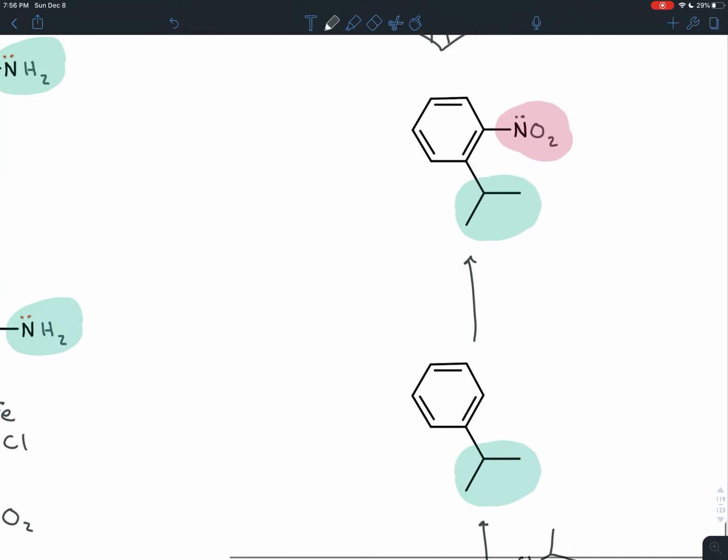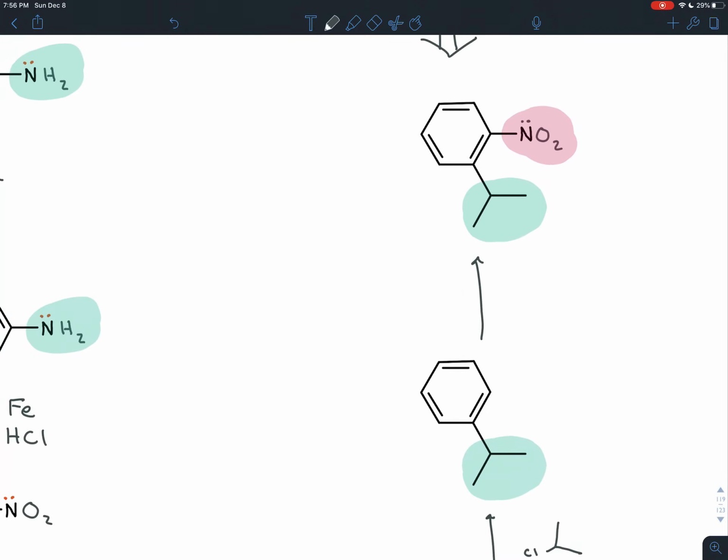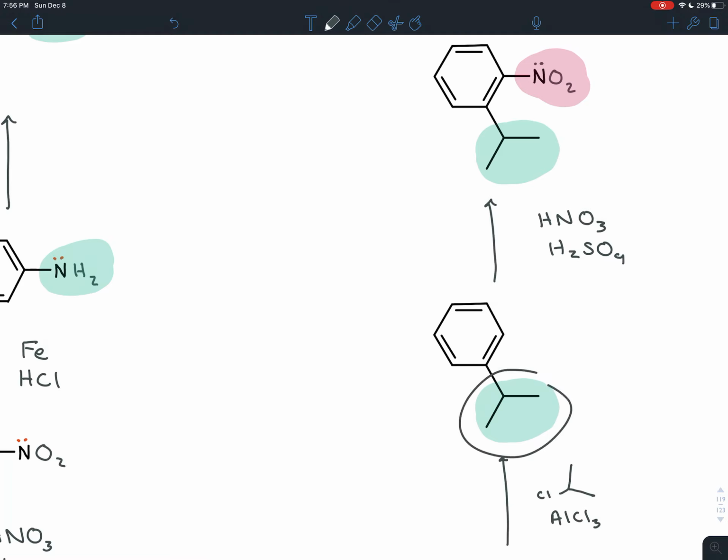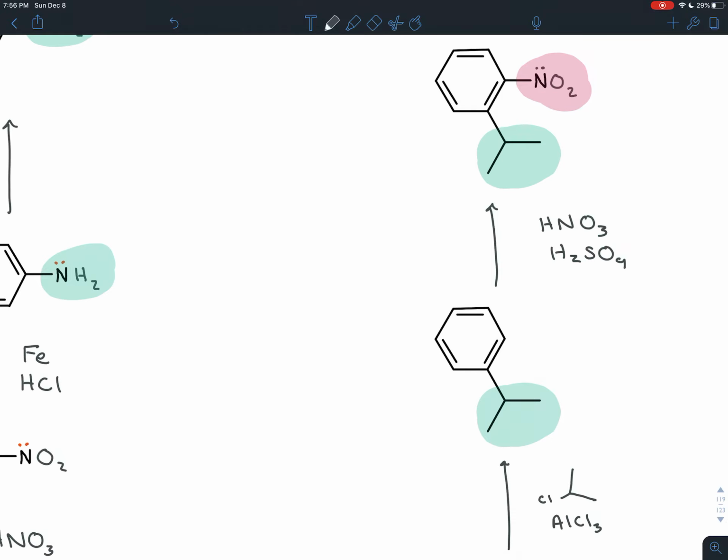going to this next step, it would be tempting again to add the nitric acid and the sulfuric acid to add this nitro group. The problem is the isopropyl group is pretty bulky, and the nitro group is also pretty bulky. And so most of the nitro groups would go in the para position where it's not as crowded, rather than the ortho position where we want it.